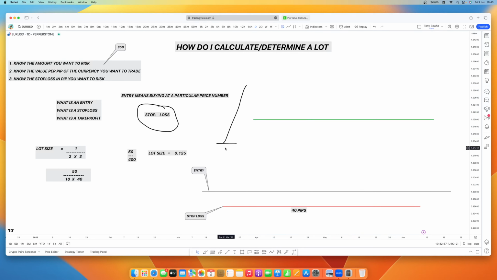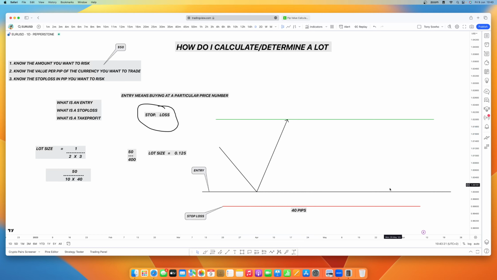So now this is a take profit area. What this means is if price comes to my entry and starts to buy up, I'm telling my broker to please take me out here.